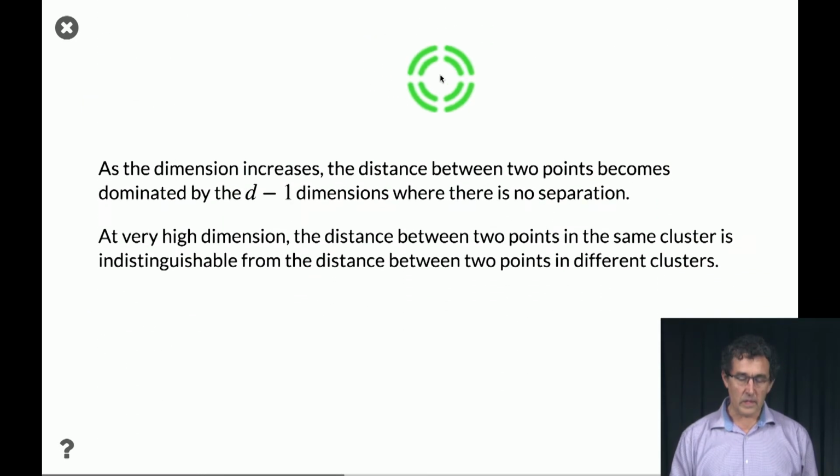However, when the dimension increases, the distance between the points will become dominated by the other dimensions, where there is no separation between the two clusters. And so at very high dimension, the distance between 2 points in the same cluster is exactly the same as the distance between points in different clusters, which is very counterintuitive. But if you think about all the contributions of the other dimensions, you realize that this one dimension that we have has a negligible effect on the distance.